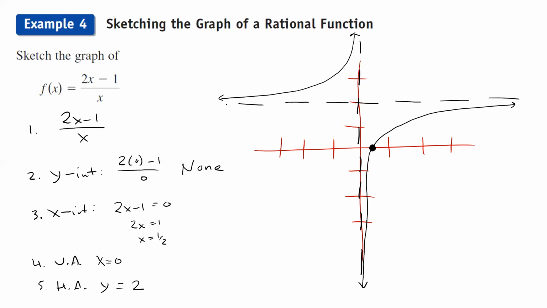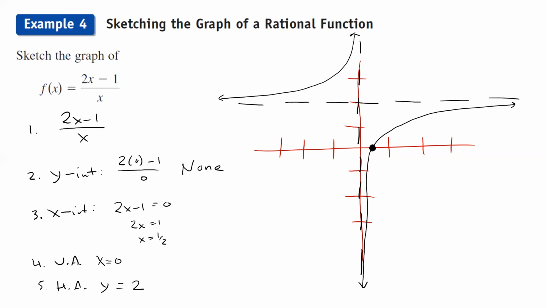That's the only way it could work. So the asymptotes are almost like walls, right? You can't cross over them.